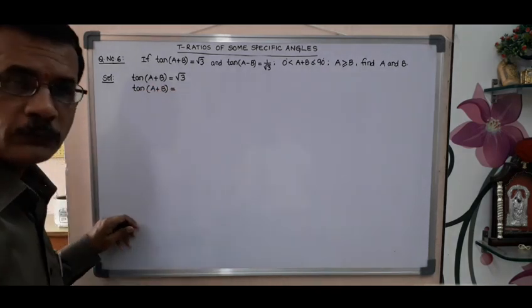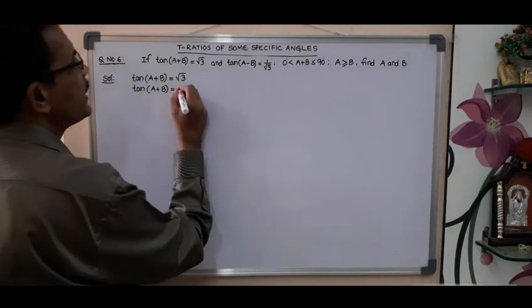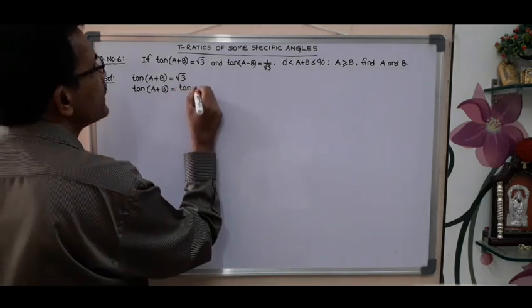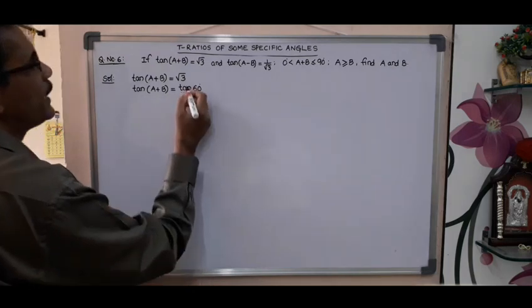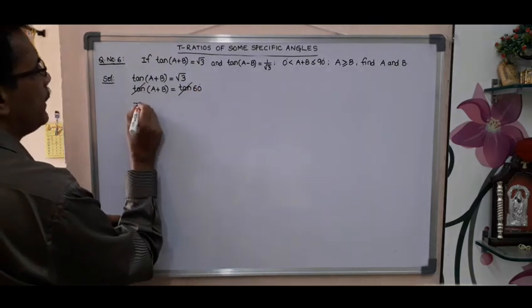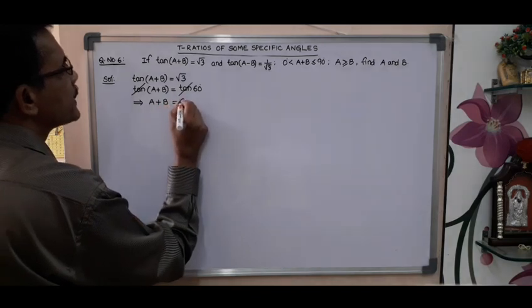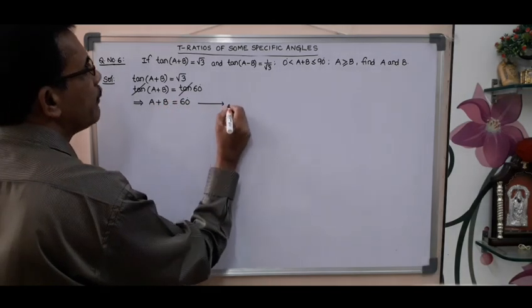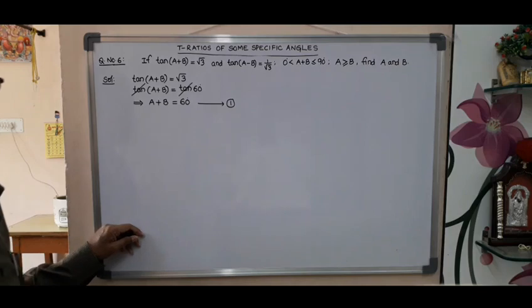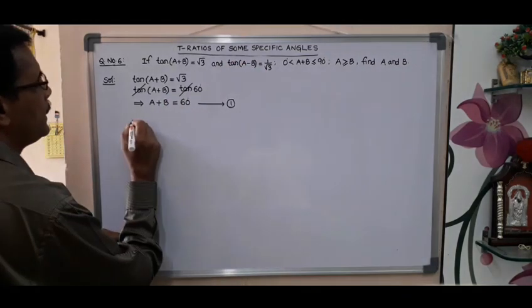It is the value of tan 60. So in place of √3 we can write tan 60 degrees. On both sides cancelling tan, a + b is equal to 60 degrees. This is equation 1.